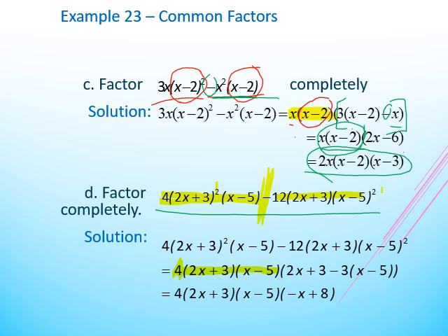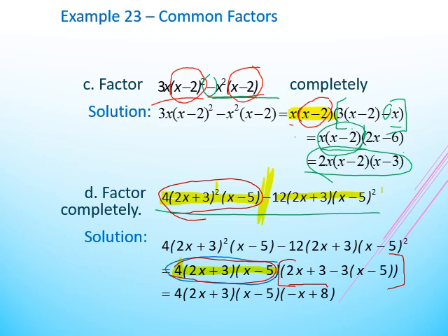This is our common factor, and we will take the rest of the values inside the brackets. For the first term, after taking this common factor, the rest will be (2x plus 3) only.